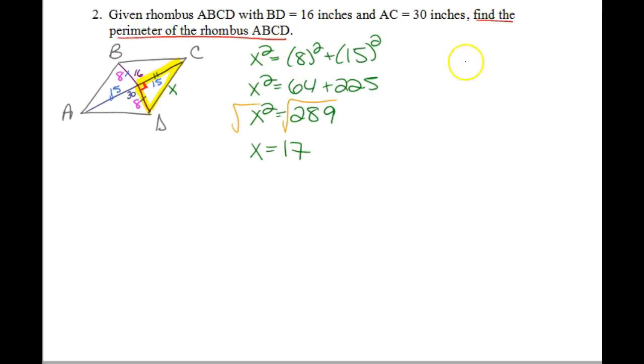The directions were to find the perimeter. So we need 4 of those 17s, which would be 68.